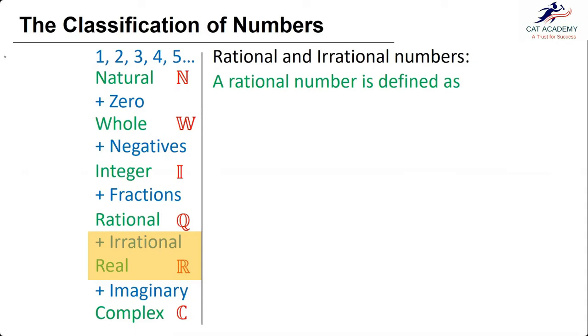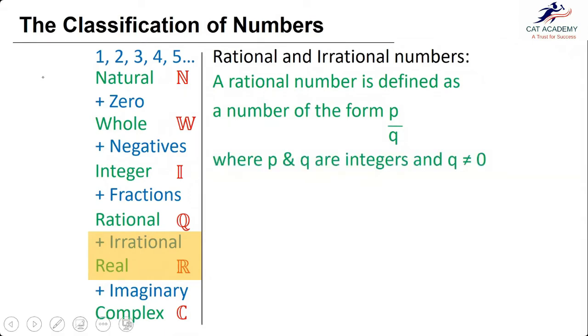Any number that can be represented in the P by Q form where Q is not equal to 0. Absolutely right. That is my definition of rational numbers, that any number that can be represented in P by Q form where Q is not equal to 0 and P and Q are integers. Okay? So that's my definition of rational number.